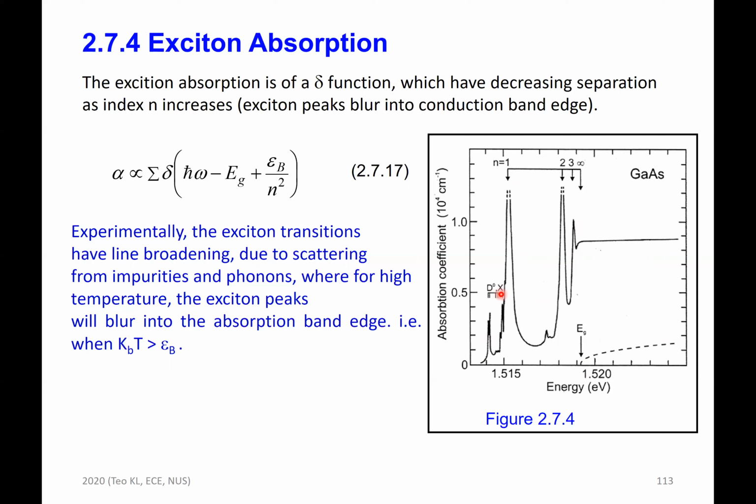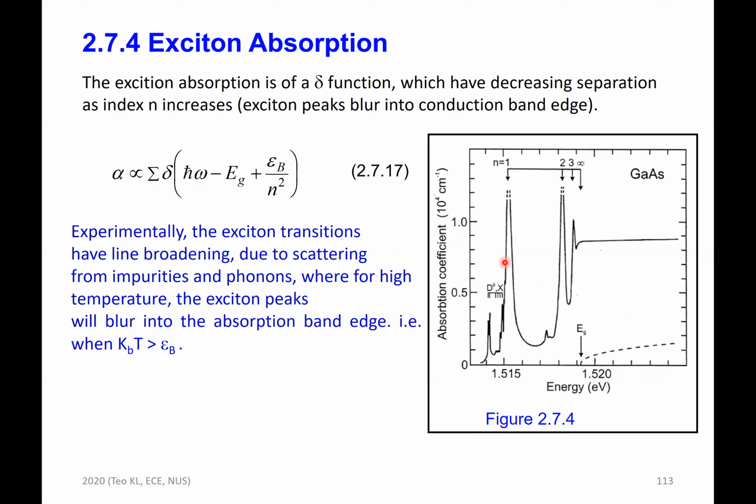So D0X represents donor bound to X, which is D. We call that the bound exciton. So the absorption coefficient actually is a summation of these transition energies of delta functions. We expect this to be a very sharp peak.